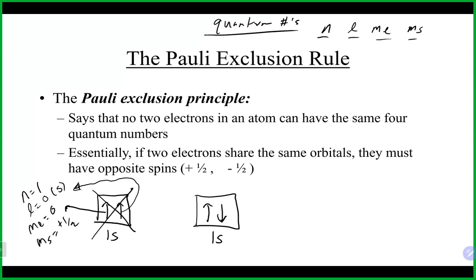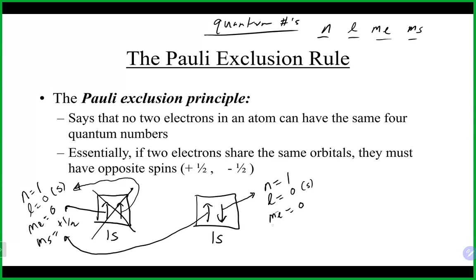So the way we get around this is when we put our first electron in, which will have these four quantum numbers, and we put our second electron in heading in the other direction, it will have an n value of 1 because it's on the first energy level. It will have an l value of 0 because it's in an s orbital. It will have the same m sub l because there's only one type of s orbital.